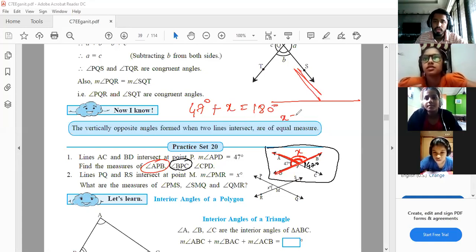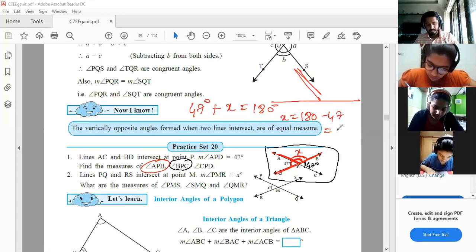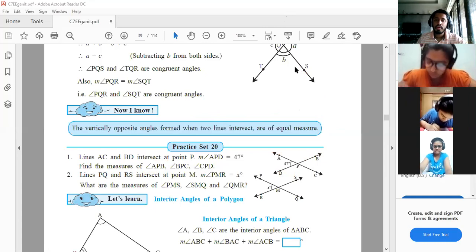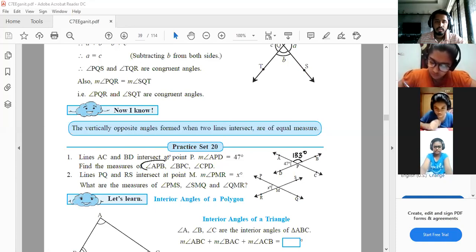So therefore x is equal to 180 minus 47. How much is it? Quickly, tell me. 180 minus 47, so 133. Correct. 133 degrees. So the measure of this angle is 133 degrees.